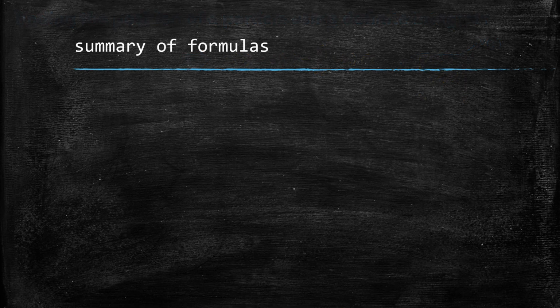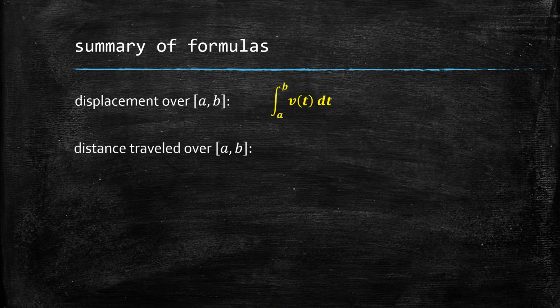Before we practice one last problem, let's summarize the formulas thus far and add one more that you should have come across in a previous video. The displacement of the particle over the time interval AB is given by this definite integral. The distance traveled over that time interval is given by this formula with the modification of the absolute value.